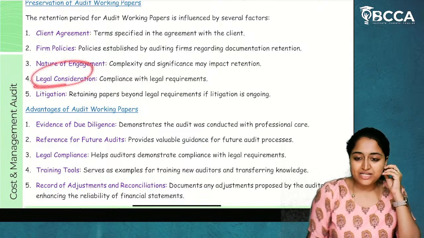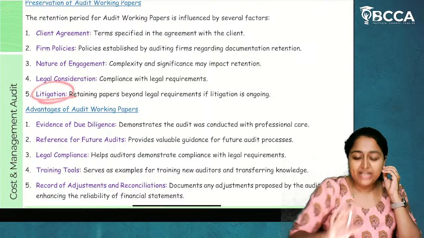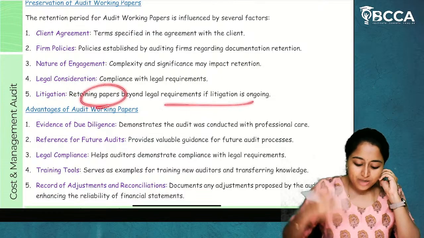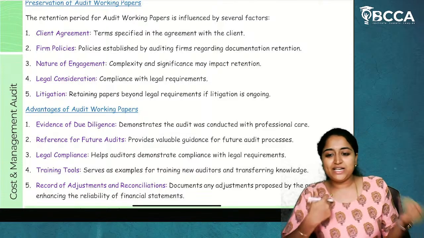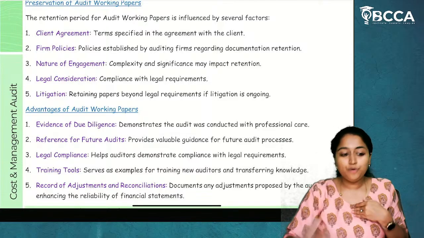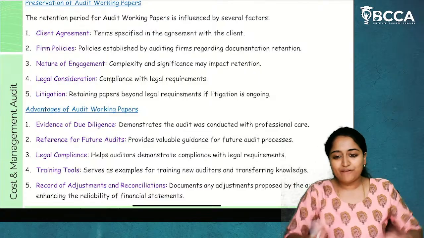Then legal considerations: if there are any legal considerations, or any court cases, then also. If there is any litigation, retain papers beyond legal requirements if litigation is ongoing. If there is any conflict of interest between the auditor and the audit company, to make sure that you are safe from litigation, you have to maintain it.